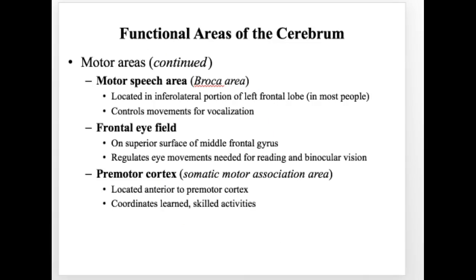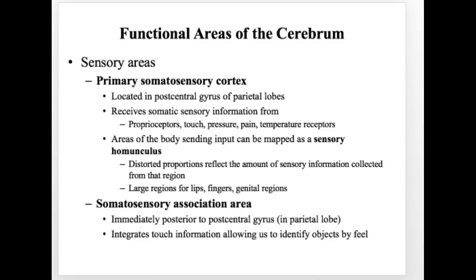Other motor areas include the motor speech area, or Broca's area, which is important for speech production, the frontal eye field, and the premotor cortex. Sensory areas include the primary somatosensory cortex and the somatosensory association area. The primary somatosensory cortex also is mapped as a sensory homunculus.